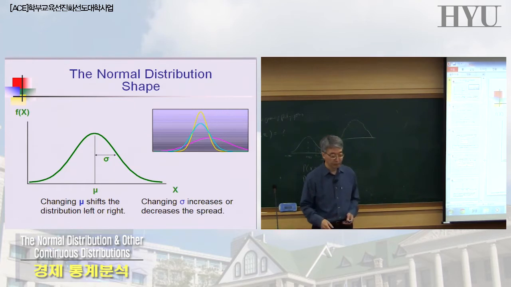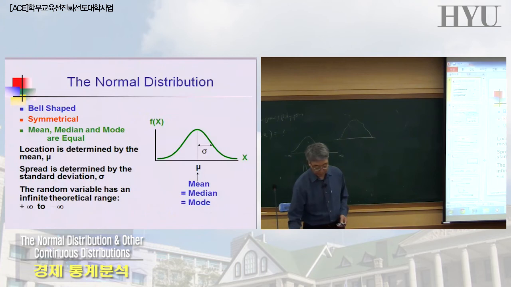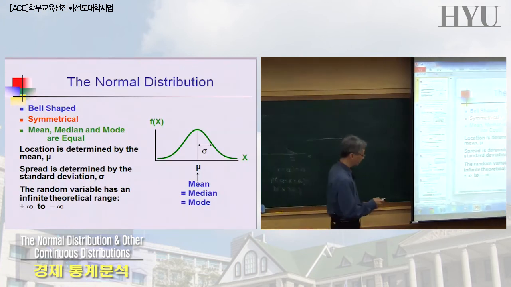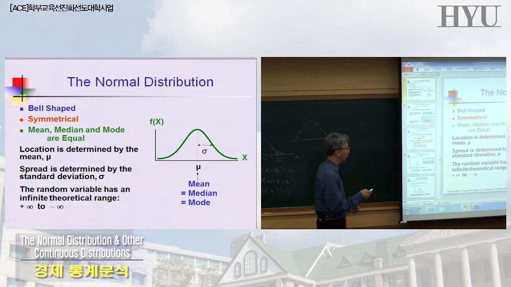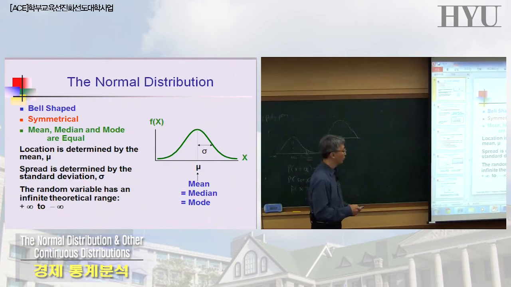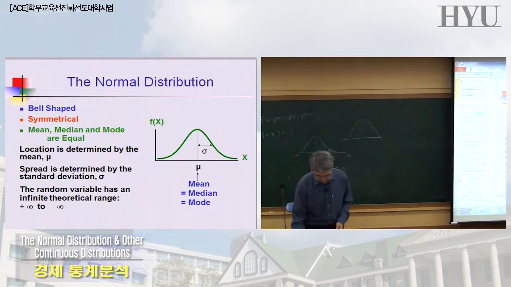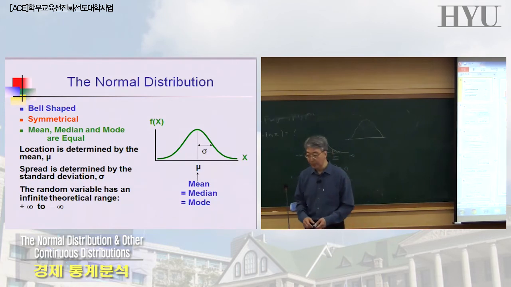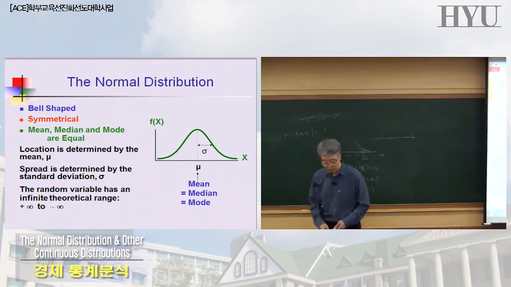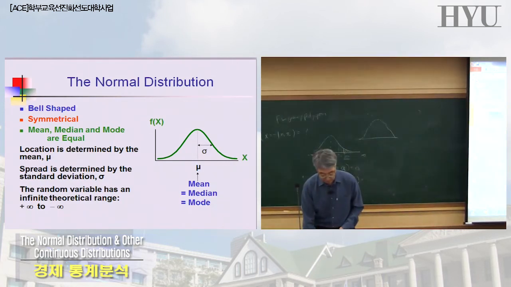Well, the third condition comes from the symmetrical condition: mean, median, and mode are equal. But there can be thousands and millions of different distributions that satisfy these 3 conditions.